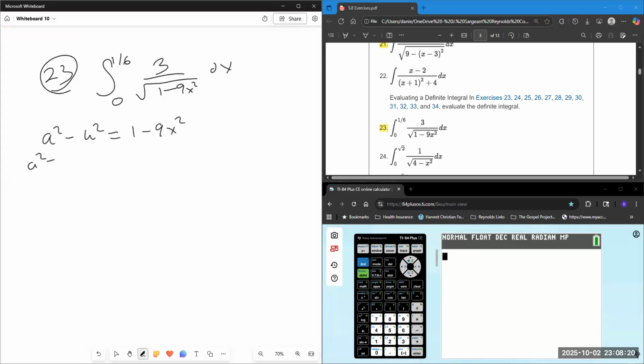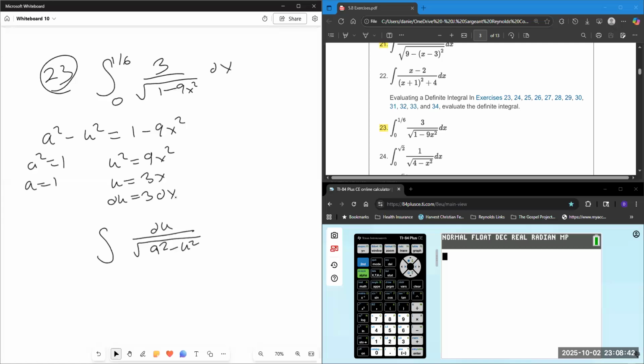So a squared is equal to 1 and u squared is equal to 9x squared, making a equal to 1 and u equal to 3x and du equal to 3 dx. That gives me a du over root of a squared minus u squared.